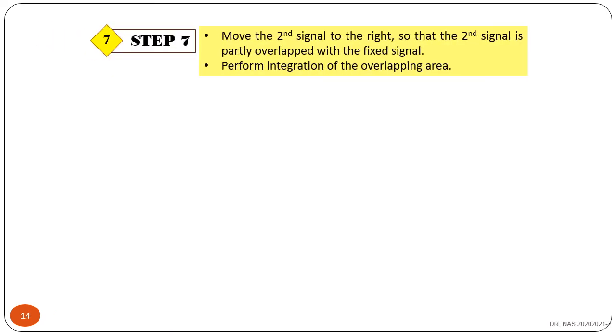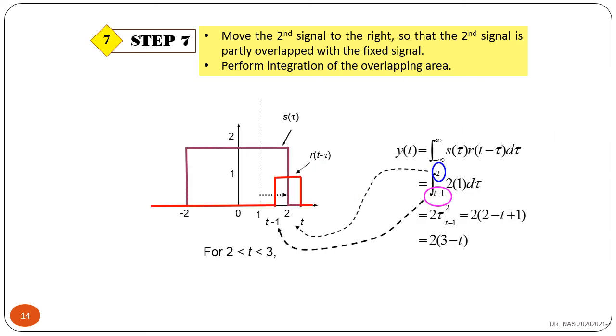Next step, move the second signal again until it is partly overlapped on the right, and then perform the integration over the overlapping area. We have seen the signal with no overlapping, then moved to partly overlap, then moved again until it is completely overlapped, and now move again to the right until it is partly overlapped in this area.